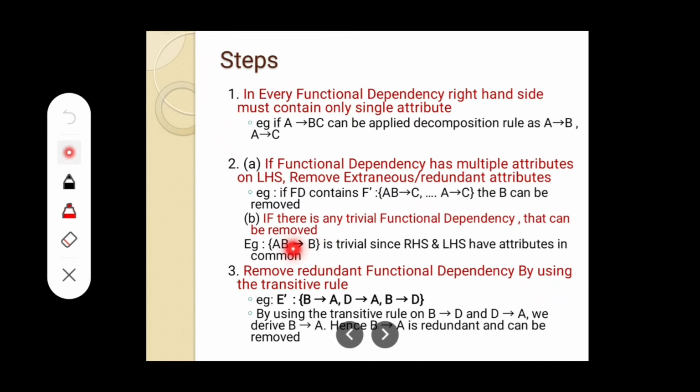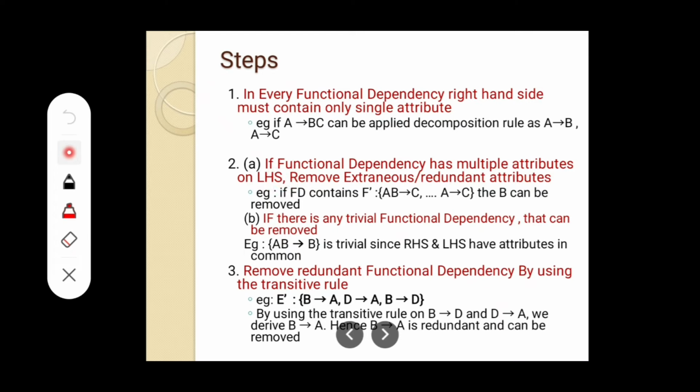Here we have B in common, അല്ലേ? ഇവിടെ B common ആണ്, രണ്ടിലും common ആണ്. So AB determines B is trivial, since RHS and LHS have attributes in common. Clear? Such a functional dependency must be removed. That is what is explained in the second step.